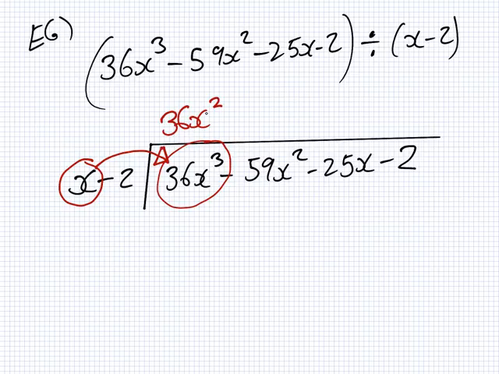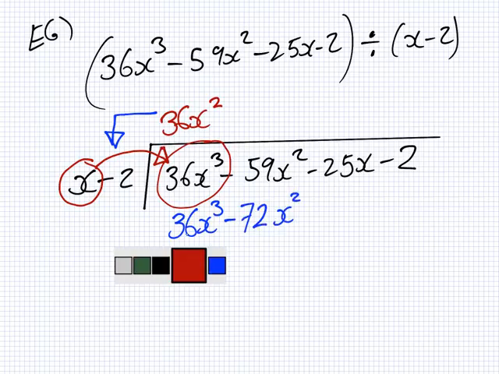So this is the first step. Then the second step is you multiply. So this multiplies this, making 36x cubed minus 72x squared. That's the second step. I'll just pause for a moment to let you write that much down and then we'll continue.